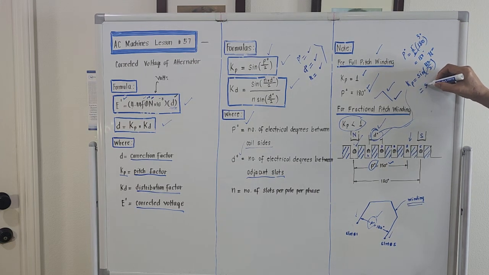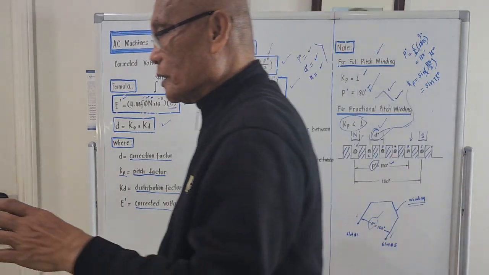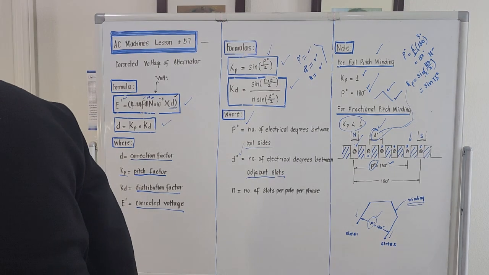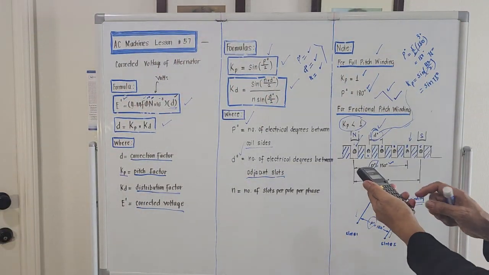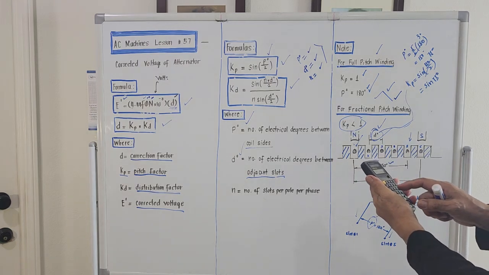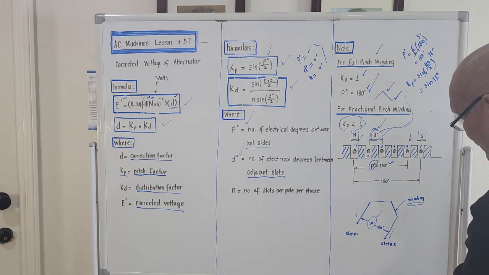And the value of sine of 75 degrees: if an angle is less than 90 degrees, the value of the sine is less than 1, because sine of 90 degrees is 1. So if we take the sine of 75, the value is 0.9659.